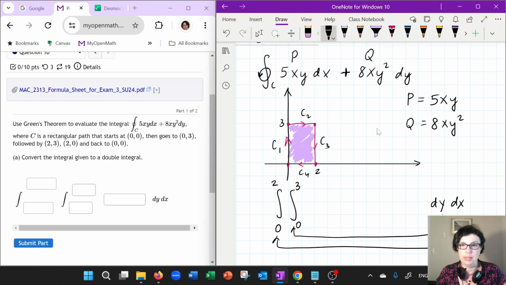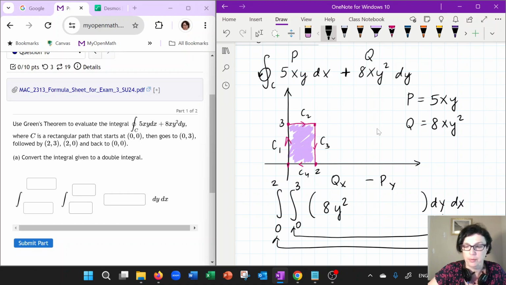Okay, easy enough. Now let's see what we are actually integrating. What we are actually integrating is Q with respect to x minus P with respect to y. What is Q with respect to x? That's the partial derivative of Q with respect to x. That will become 8y squared. Minus, now let's differentiate P with respect to y.